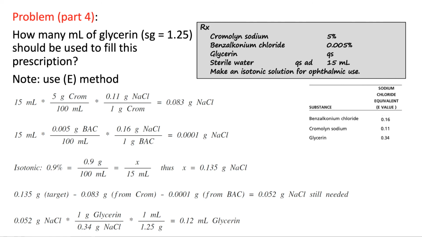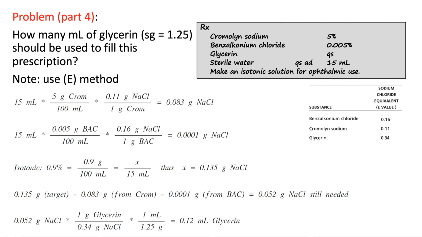Now I'm going to directly convert to an equivalent amount of sodium chloride by multiplying by the E value, which for cromolyn is 0.11, so 0.11 grams of sodium chloride on top over the per 1 gram of cromolyn on the bottom, so that the units of grams of cromolyn cancel. And my final answer, if I multiply that through, would be 0.083 grams of sodium chloride. Okay, that's the equivalent amount of sodium chloride provided from the amount of cromolyn that will be in my solution.